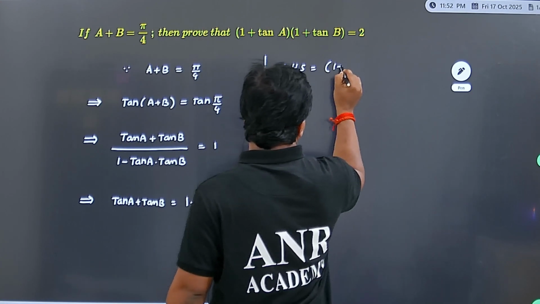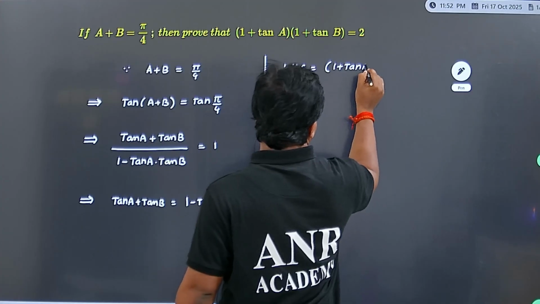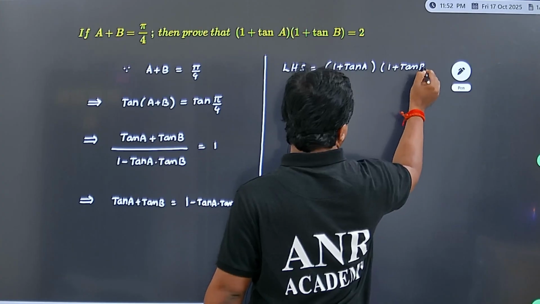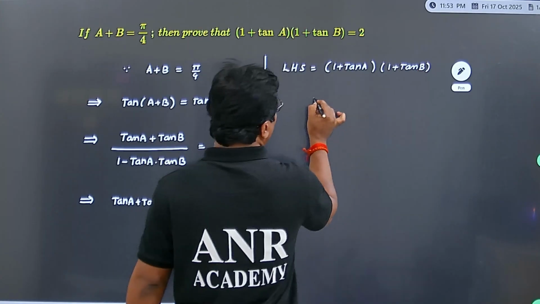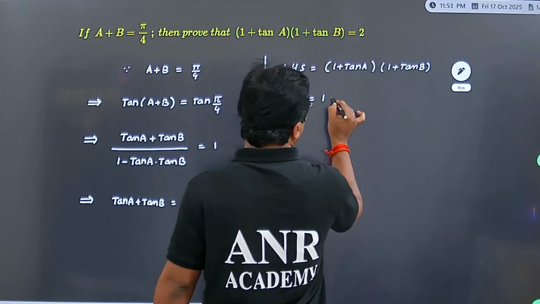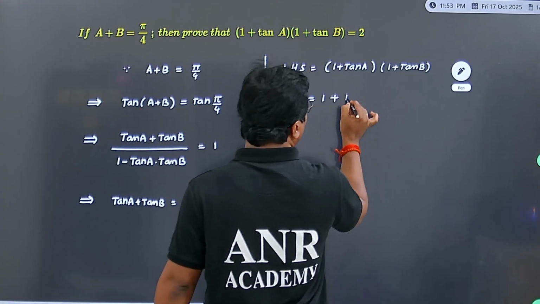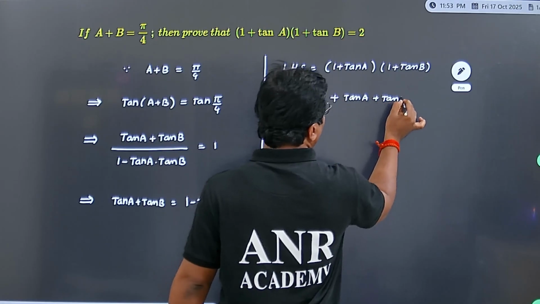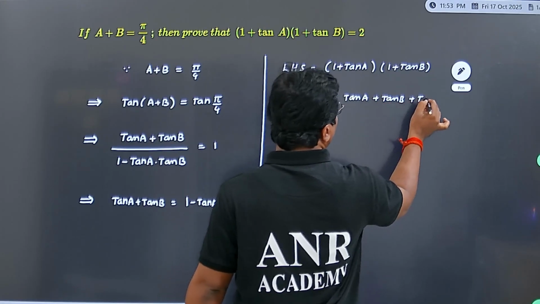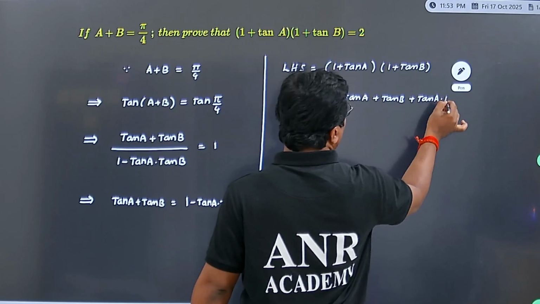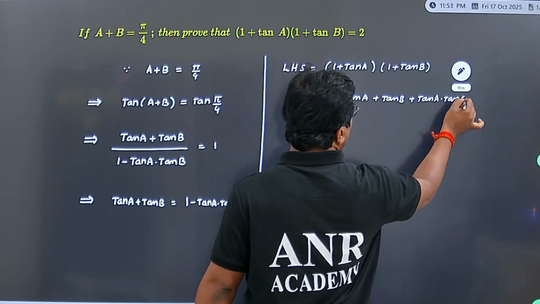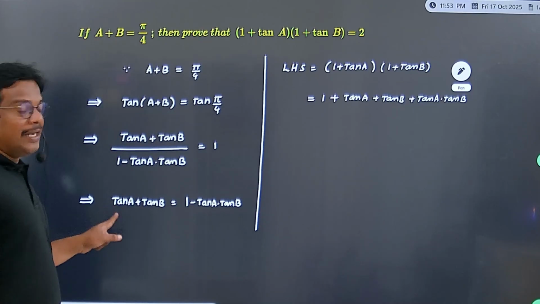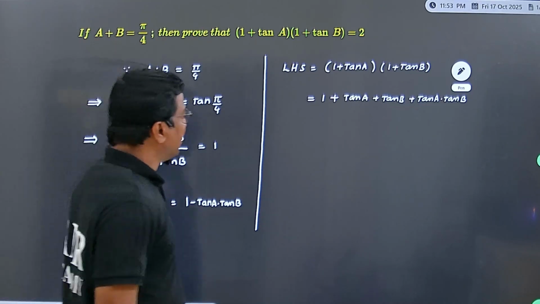LHS is (1 plus tan a) multiplied by (1 plus tan b). 1 into 1 is 1, 1 into tan b, and 1 into tan a, and finally tan a into tan b is also there, the product of these two. And here tan a plus tan b value you have 1 minus tan a tan b.